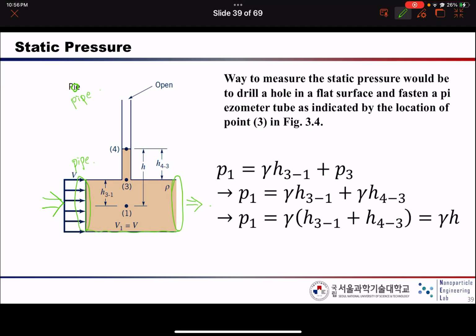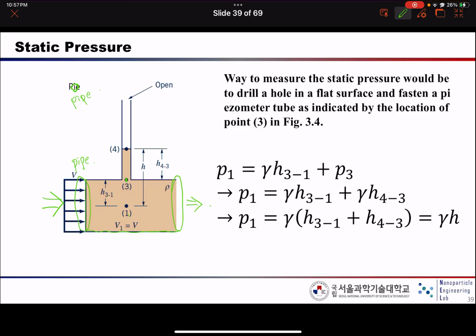If you want to measure the pressure, in that case you need to drill at the top of your pipe.